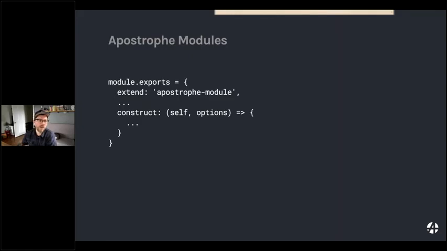You could configure options in this first area. Those will vary based on the individual module that you have installed. But again, if you're familiar with common JavaScript development, that should look pretty similar. And then in this construct, you might do something like extend the functionality of the module itself, expose an API route, or push assets to Apostrophe's build system.